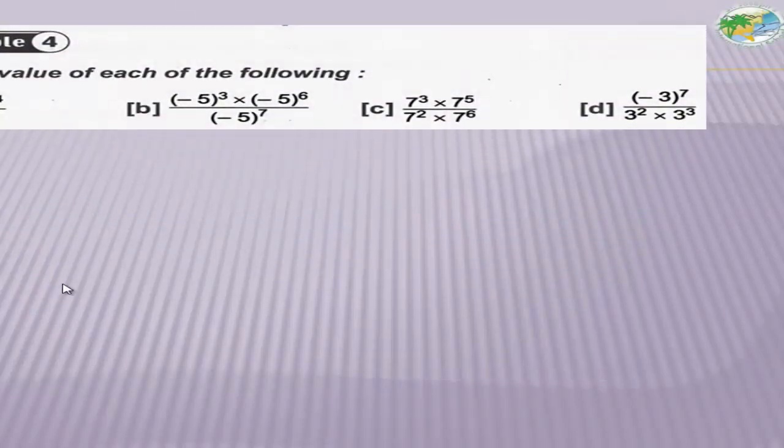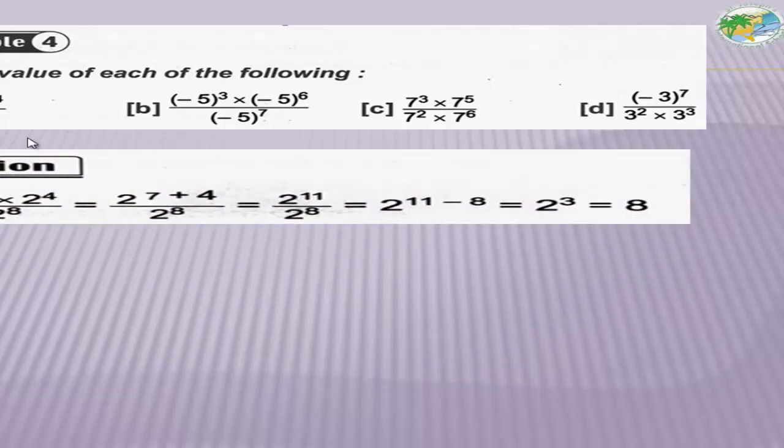For example, find the value of each of the following: 2 power 7 times 2 power 4 over 2 power 8. The first question, look at this one. We can divide this question into two steps. First we do the multiplication, and after we finish we can divide.